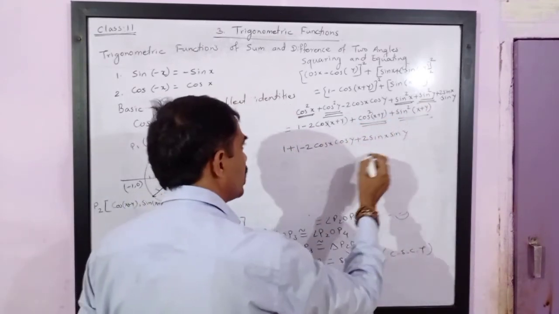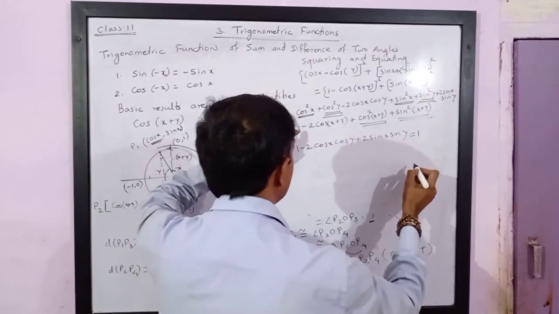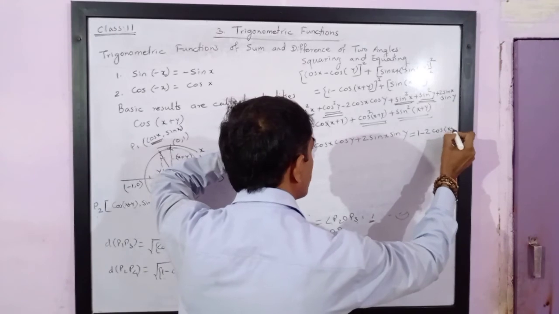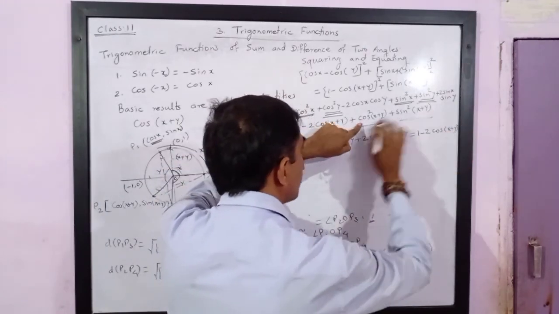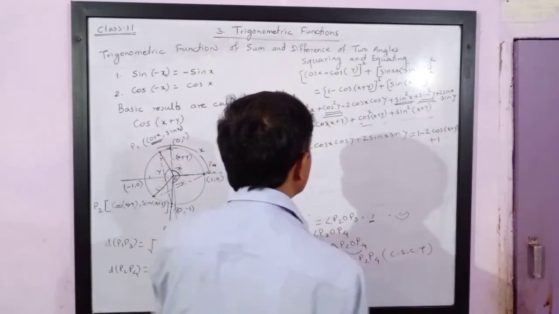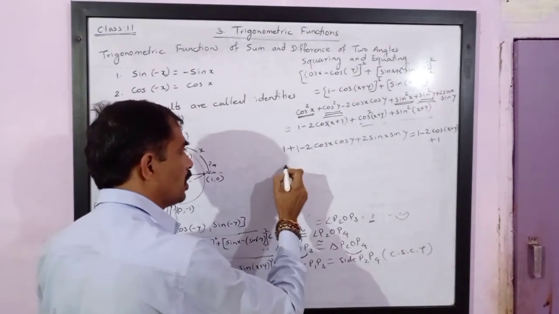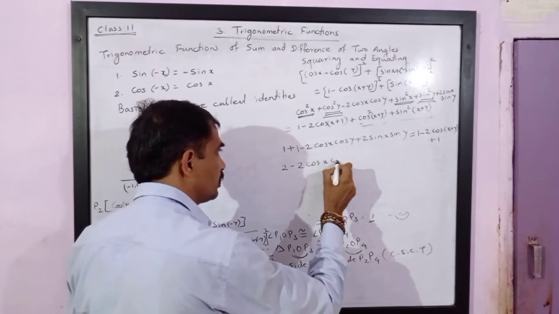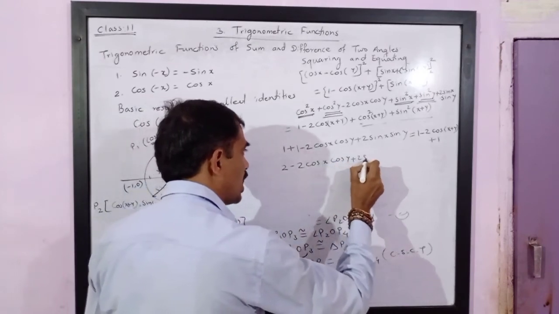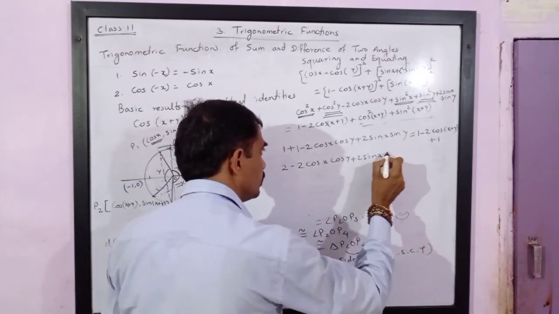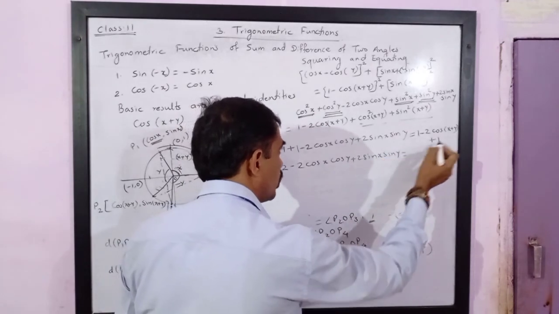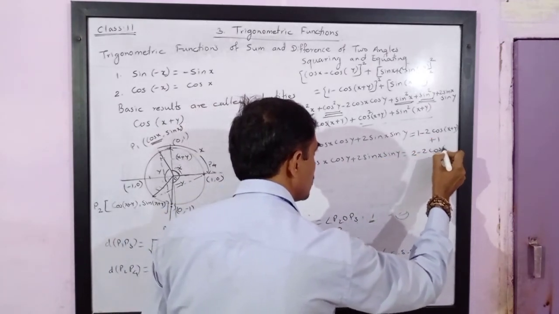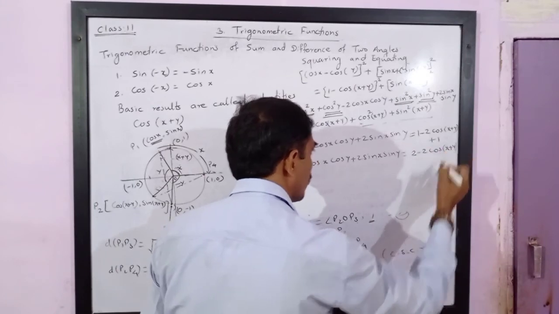So RHS will be equal to 1 minus 2 cos of x plus y, and this total term will become plus 1. So please note, this is 1 plus 1, 2 minus 2 cos x cos y plus 2 sin x sin y is equal to 1 plus 1 is 2 minus 2 cos of x plus y.